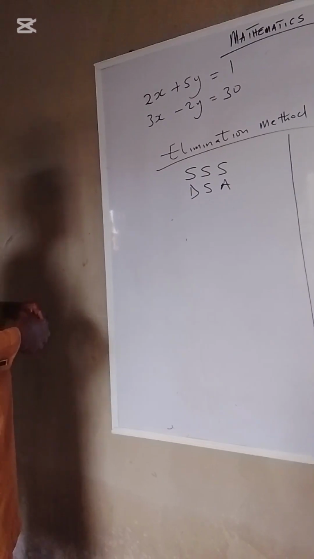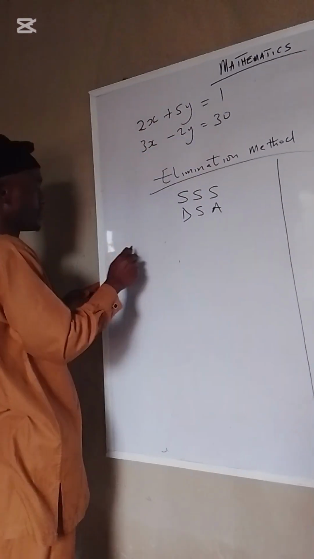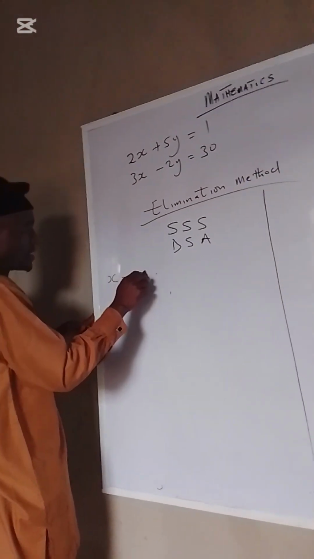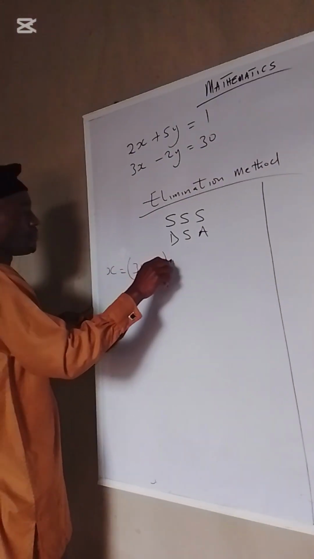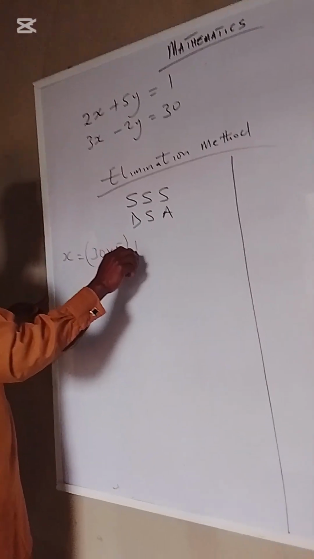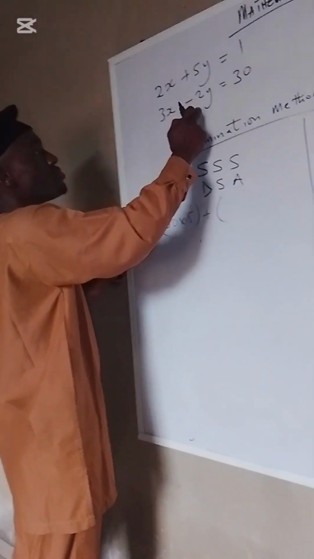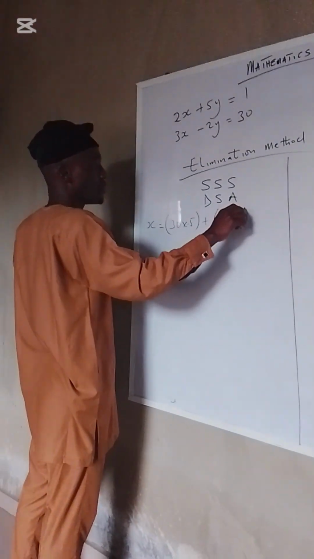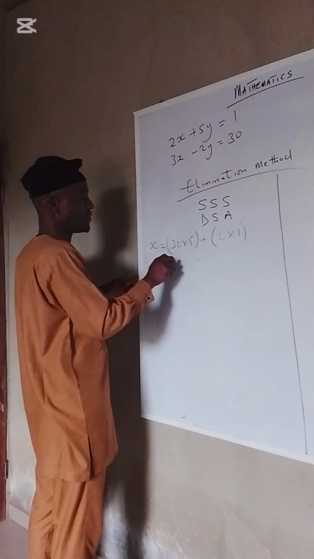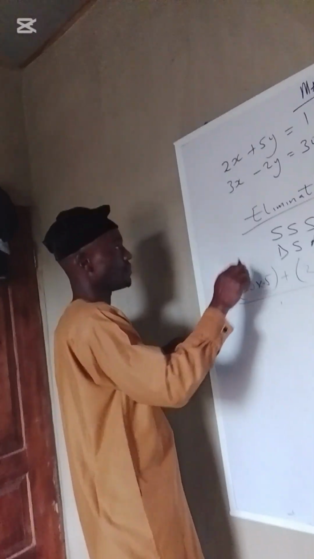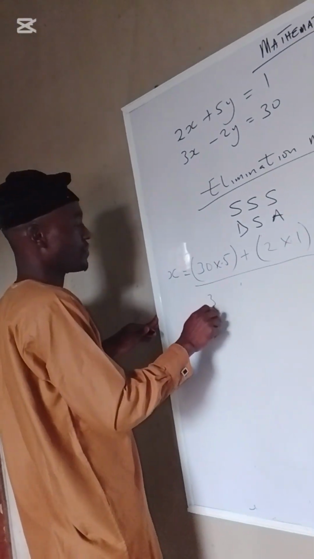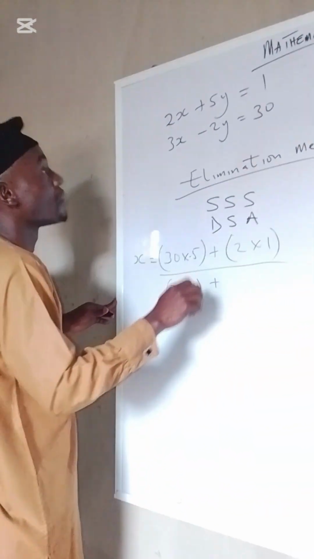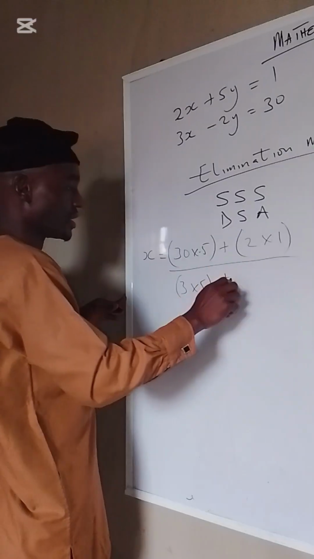Now, having known this, we apply the same method. Our x is equals to 30 multiplied by 5, and I say that different sign we are adding this time around, and also 2 multiplied by 1, divided by 3 multiplied by 5 plus 2 multiplied by 2 here.